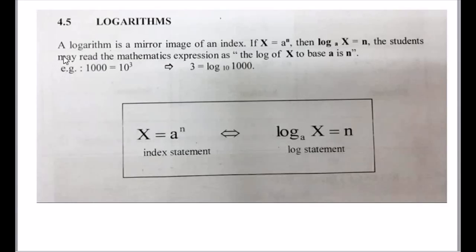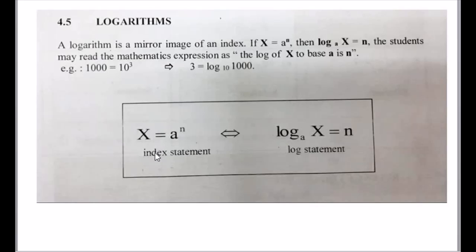Okay, another example. Here we have 1000 equals 10 to the power 3, which means 3 equals log 1000 base 10. This can be summarized into this statement.